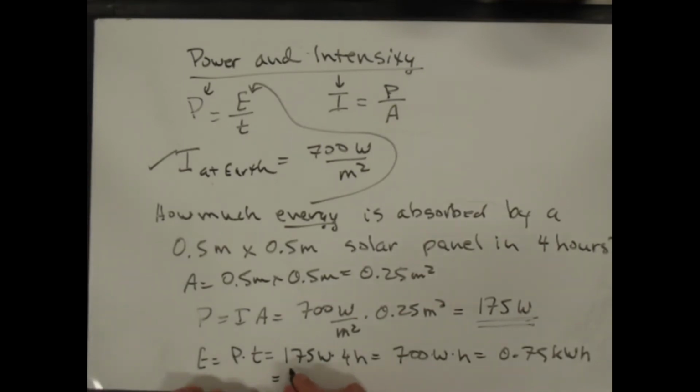By writing 700 watt hours times 3,600 seconds per hour. And that would be, if I can find a calculator that'll do that quickly, 2.5 times 10 to the 6th joules. So that would be the energy.